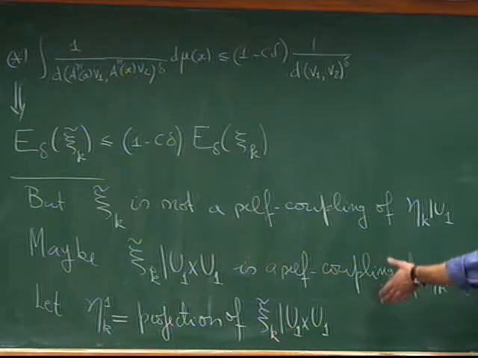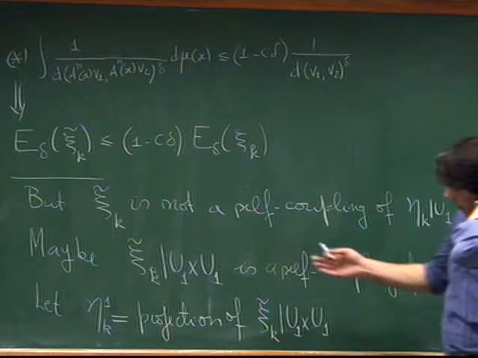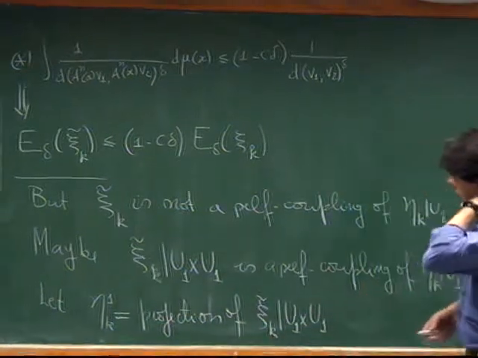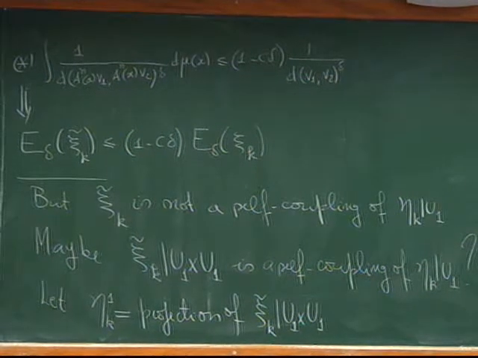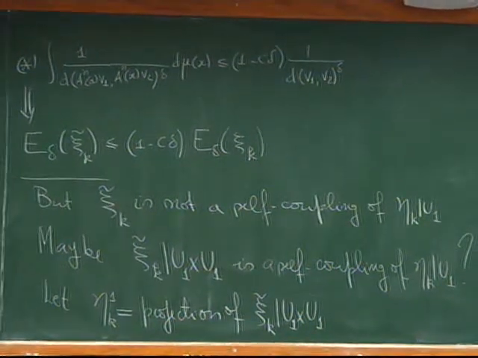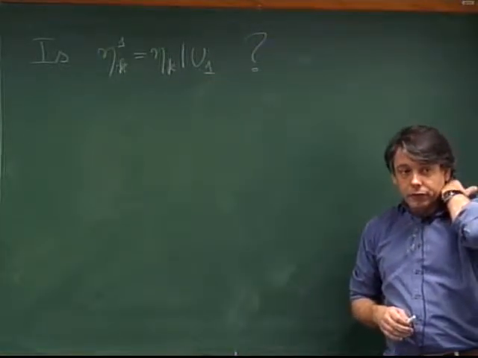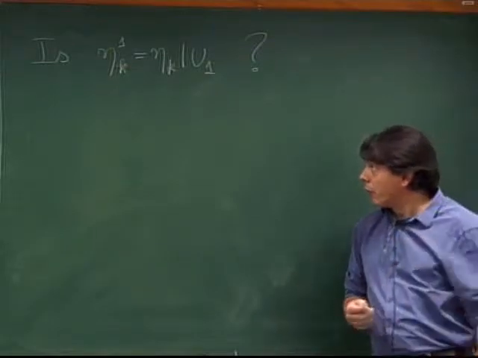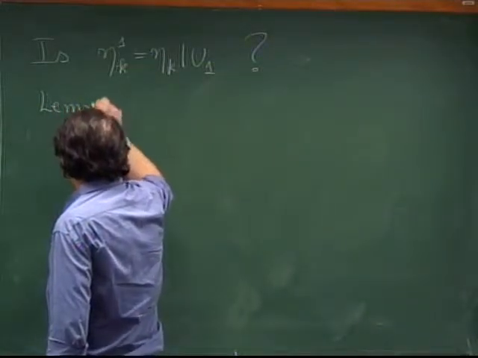That's what I'm asking here. I'm repeating the same question. To say that this measure is a self-coupling of eta k restricted to U1 is to say that when I project it, I get eta k restricted to U1. Now, the answer is not obvious. You have to look into what is going on, but the answer is the following lemma.